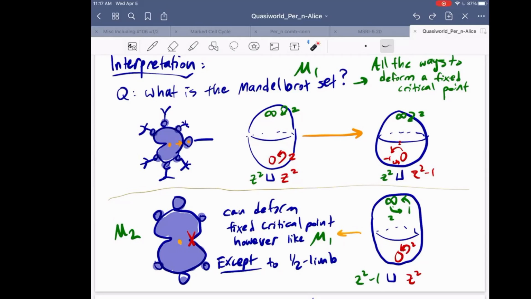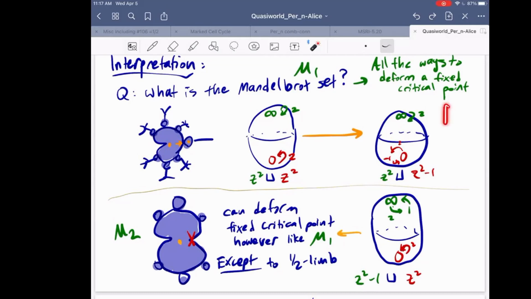And then the Mandelbrot set represents a space of directions of deformations that we can do. For instance, if we were to bifurcate our free critical point, that would mean we could change our fixed critical point to a critical 2-cycle, if we were to go to the basilica, perhaps. And the Mandelbrot set represents all the different possible ways that you can deform your fixed critical point and still not have it tend to infinity.